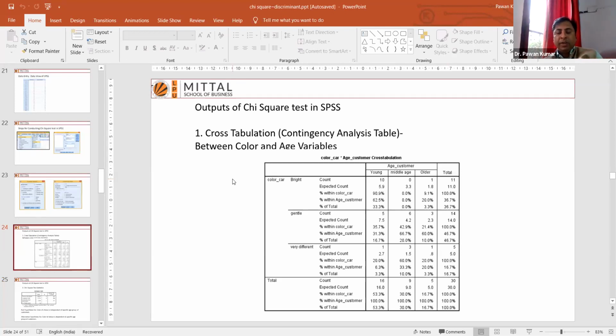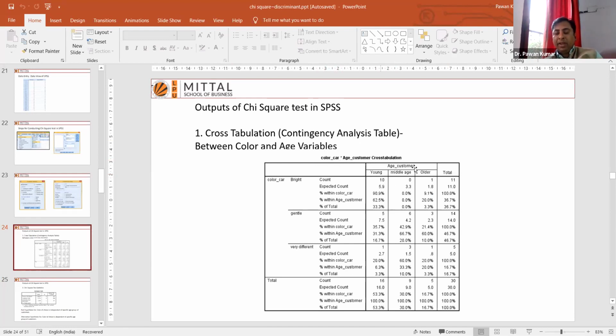Whenever you execute this process which I just mentioned, you will get the first table output, which is called the crosstabulation output. This table is also called the contingency table. Crosstabulation signifies the association between the color of the car and the age.